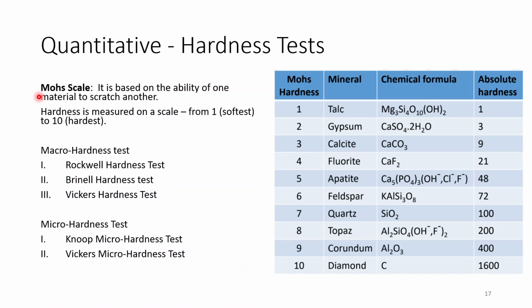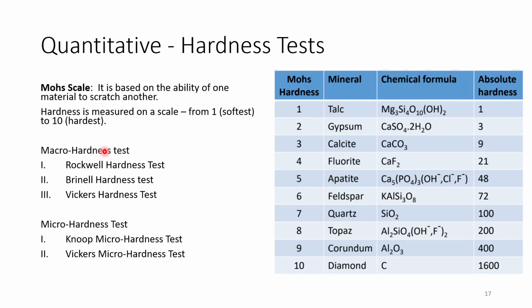Now these are the hardness values given for various minerals. Talc is kept at 1, diamond is kept at 10, and in between you have minerals such as calcite, with hardness 3. So diamond has the highest hardness among these minerals.